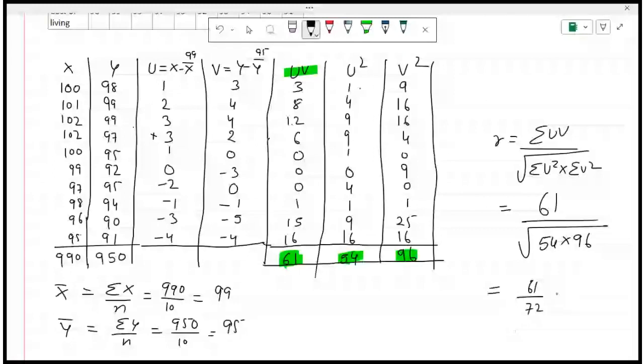Same method. Okay. Yes, sir. So have you made some mistake or you got the same answer? Still solving, sir. You are solving. Okay.